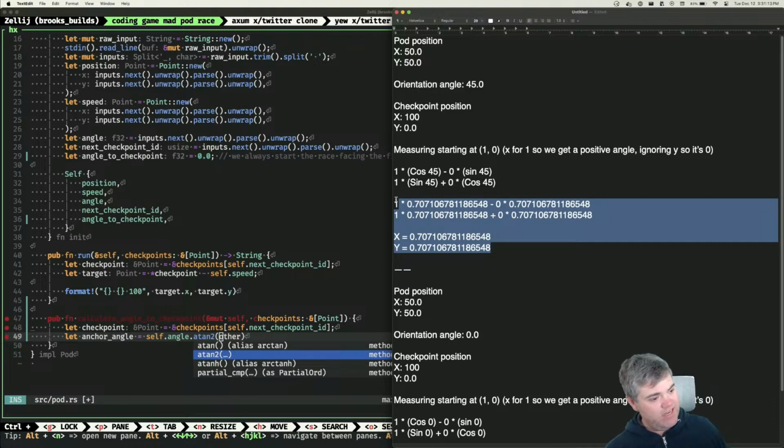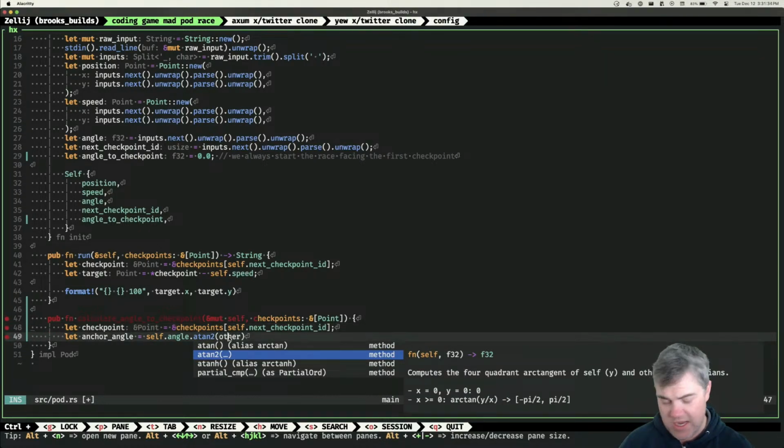Oh, so if I do sine cosine of the angle, that returns an x and a y, and I could then add that to my current position to get another point, and then I use that to calculate the angle, maybe. So that would be sine cosine of the angle.